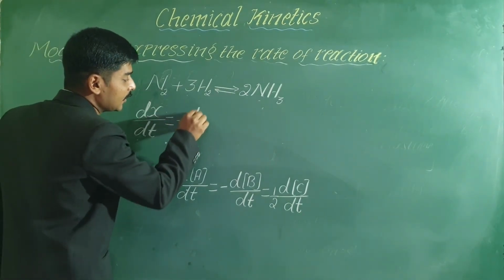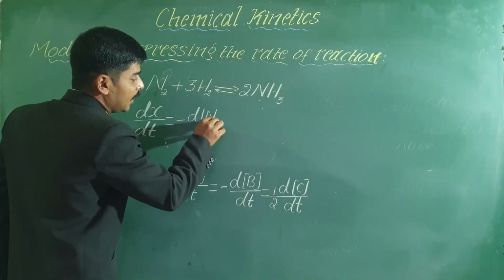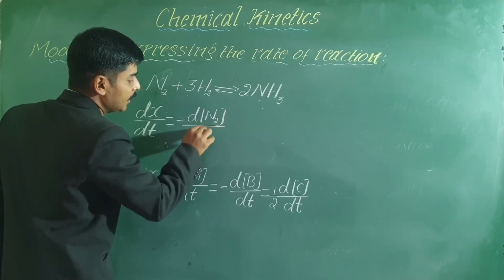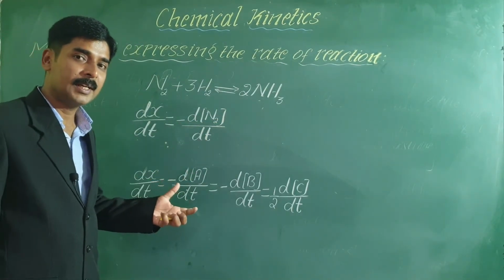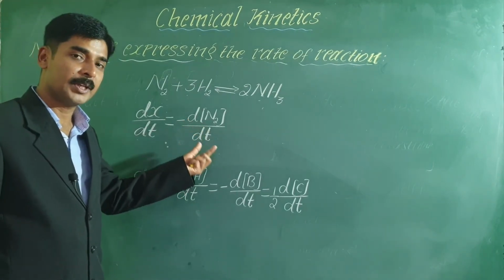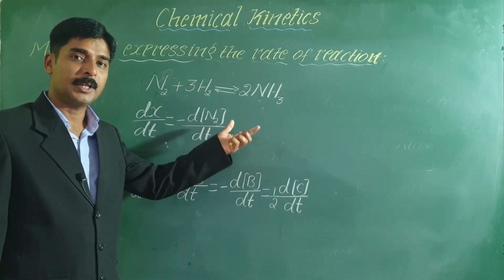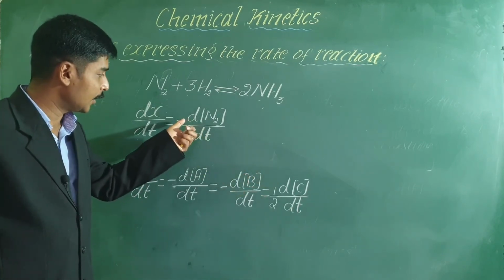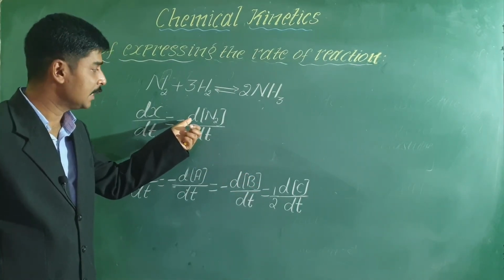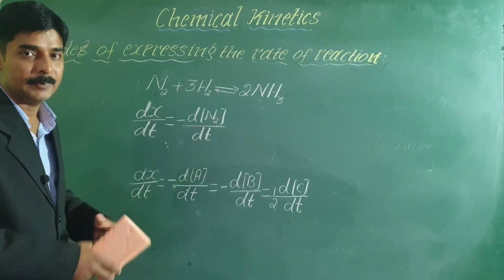It is minus dN2 by dt. Let us assume that in a problem they have mentioned that the rate of disappearance of N2 is 3.8 into 10 to the power minus 2 mole per dm³ per second. That means they have given the value of minus dN2 by dt.